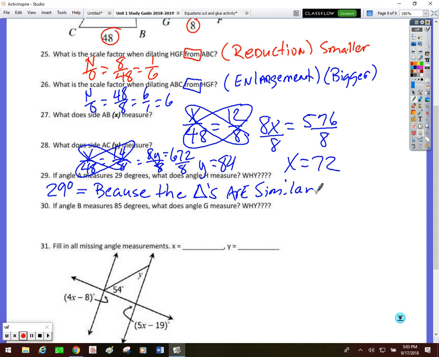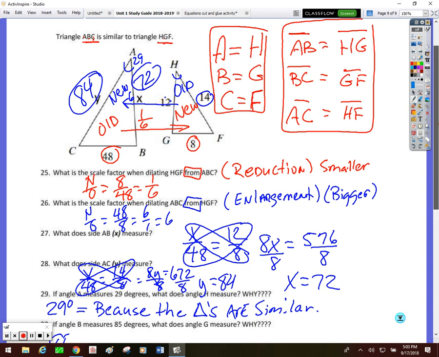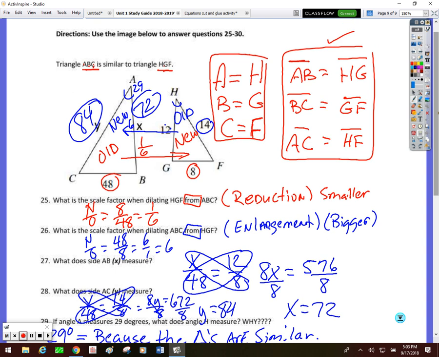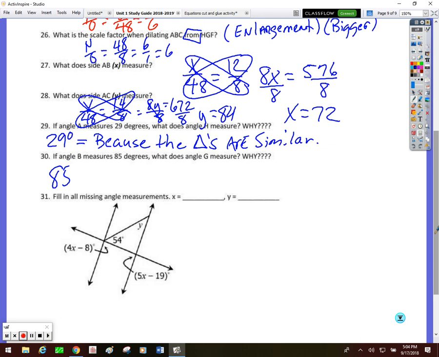And remember, similar triangles have the same angle measurement. All right, same thing goes here. If angle B is 85, what is angle G? So B and G, do they go together? Yes, see, here's angle B and angle G. So whatever they are, they have the same measurement for the same reason, because the triangles are similar.